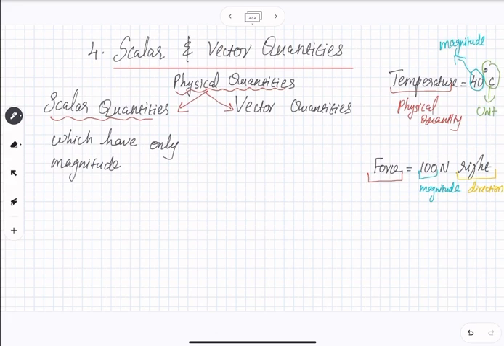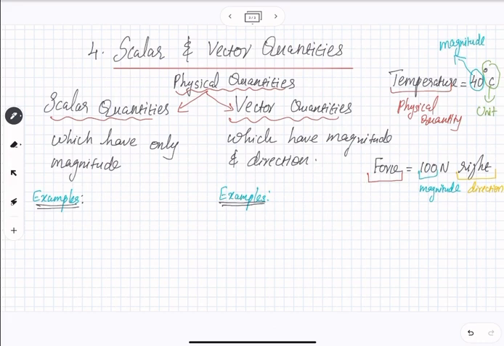But vector quantities are the quantities which have both magnitude and direction. Now you need to study some examples for scalars and vector quantities. If you think which physical quantities require both magnitude and direction, you can easily get the examples of vector quantities. So first we can start with scalar quantities.